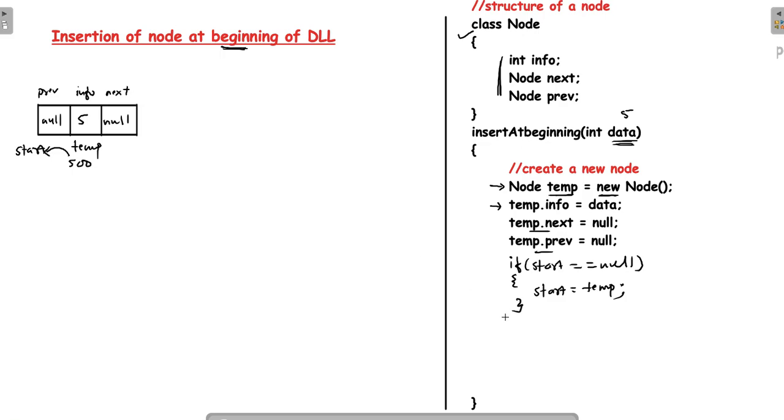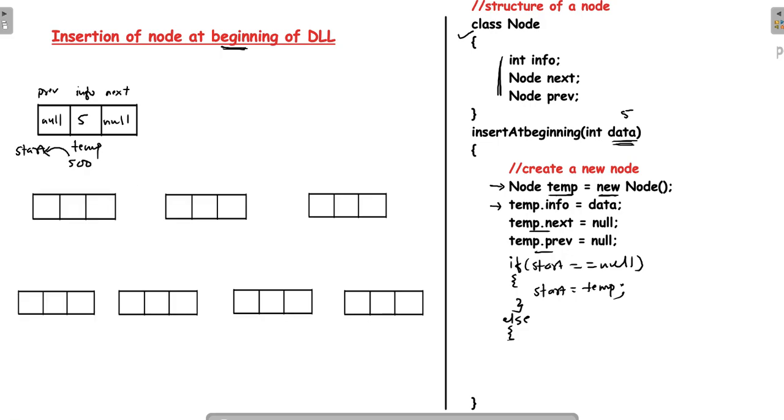But if this is not the case, then we need to consider that we have some list. So I'll quickly write that list. Suppose we have a list, and this will be my starting point, and it has a certain address, suppose 300.